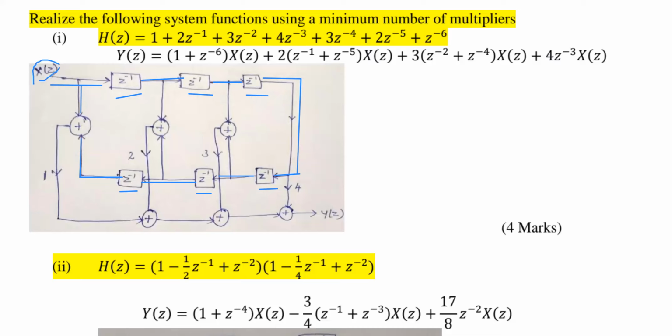Now for X(z) times (1 + z^-6), the terms 1 and z^-6 have to be combined.